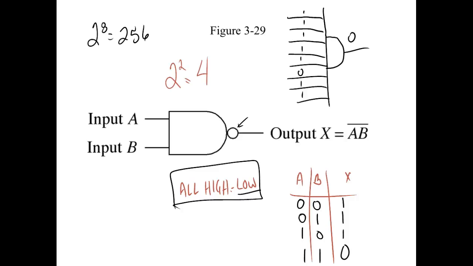So let's draw that. If any input is low, on an OR gate, 1, 2, 3, 4, 5, 6, 7, 8, the output will be high. Interesting. But that's what it says, right?